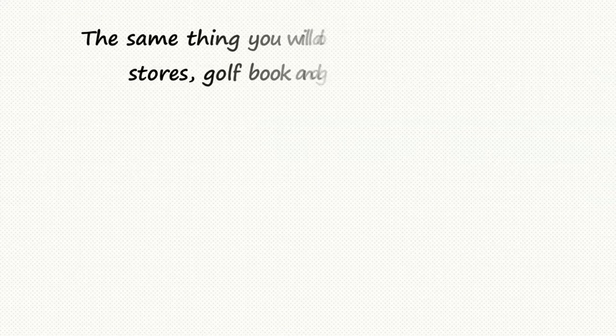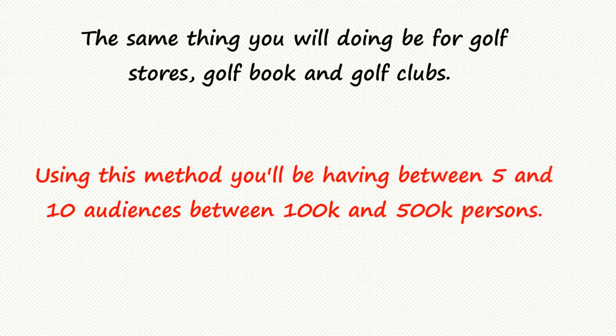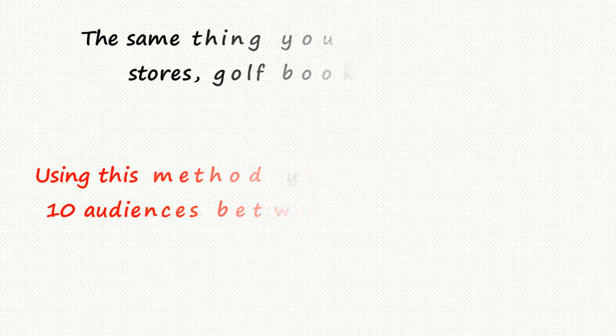The same thing you will be doing for golf stores, golf books, and golf clubs. Using this method, you will be having between 5 to 10 audiences between 100K to 500K persons.